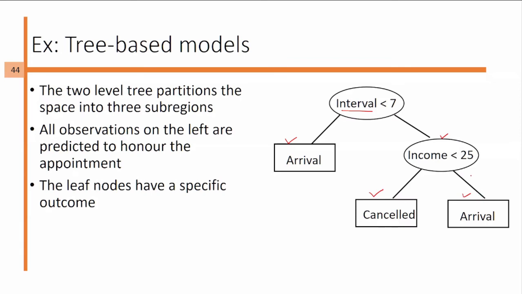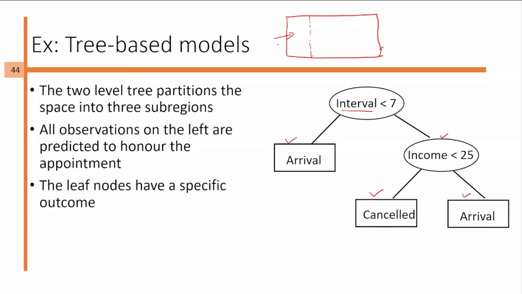If you look at this particular decision tree, suppose this is my search space. I want to know whether the customer will keep the appointment or not. If the interval is less than 7, I look only at this part, and they keep the appointment.